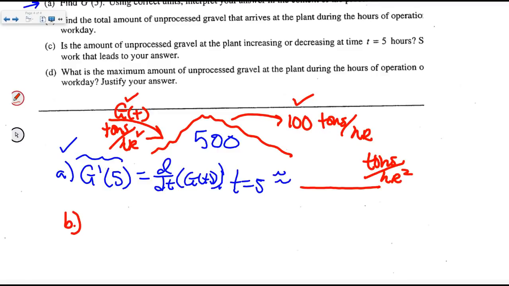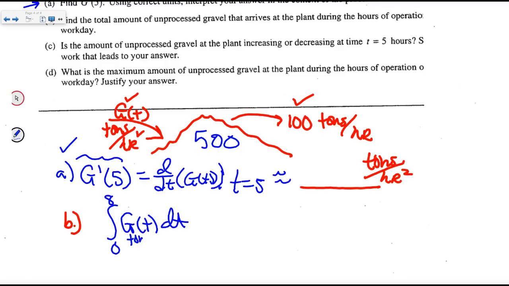It says find the total amount of unprocessed gravel that arrives to the plant during the 8-hour workday. That is only about G of T. So all I need to do is integrate my arrives at the plant rate from 0 to 8.